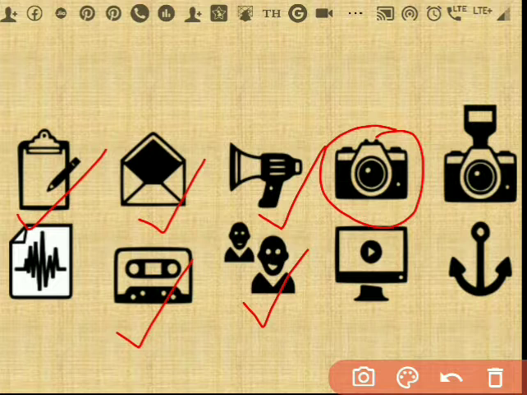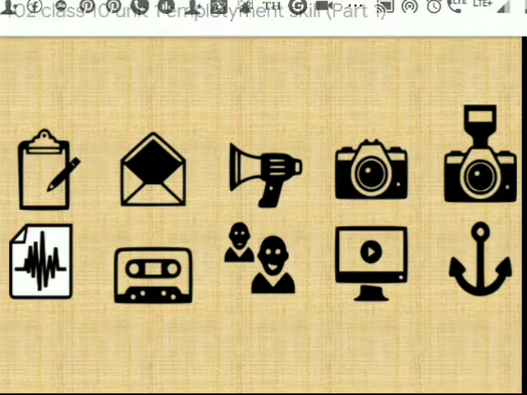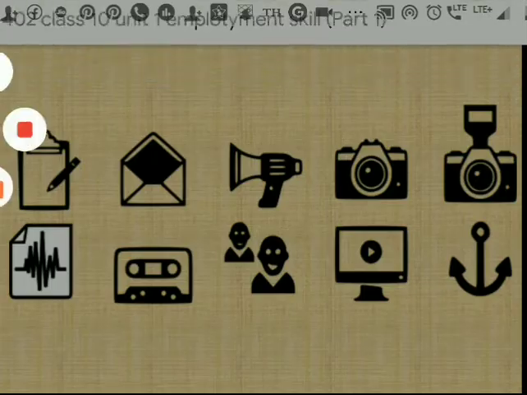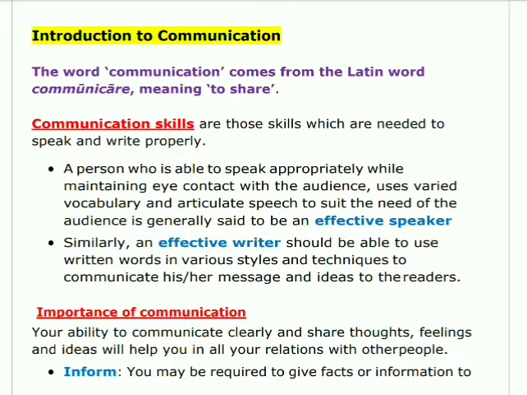This is also a type of verbal form, and in this way we will be able to understand the difference between different forms of communication. Before starting the different types of communication, students, let me tell you the importance of communication.